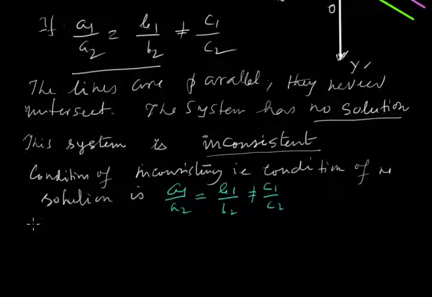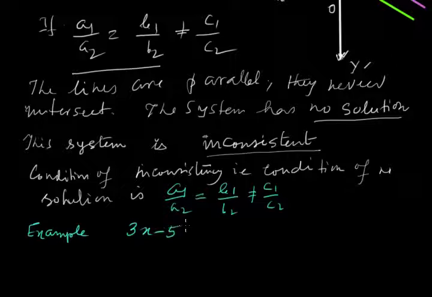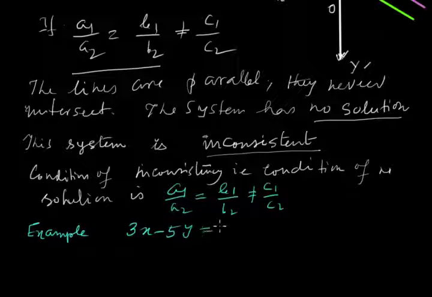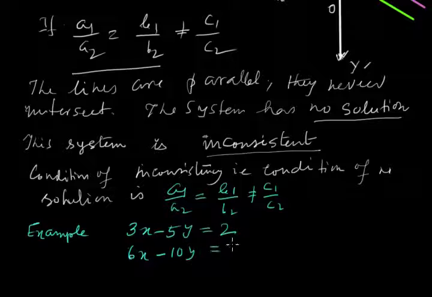Let's see an example. 3x minus 5y is equal to 2 and 6x minus 10y is equal to 5.